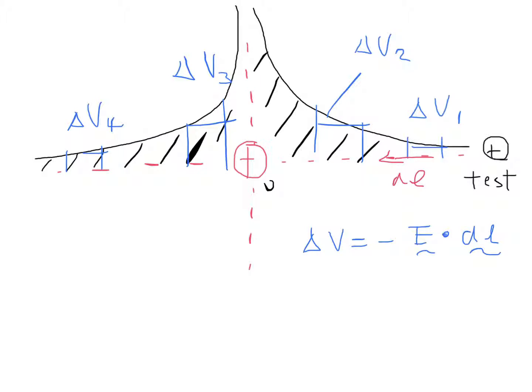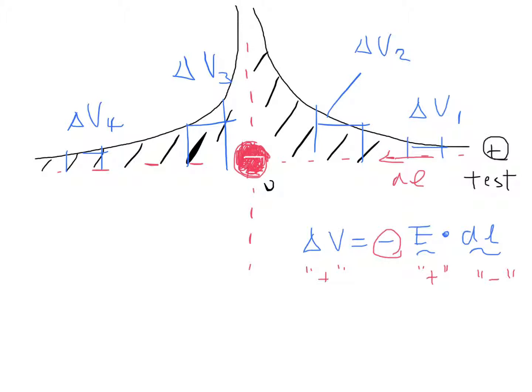So this is minus. The electric field is pointing outward, away from the origin. Therefore, that is positive. And because of the minus sign, which is a convention, at the front of this term, the delta V is positive.